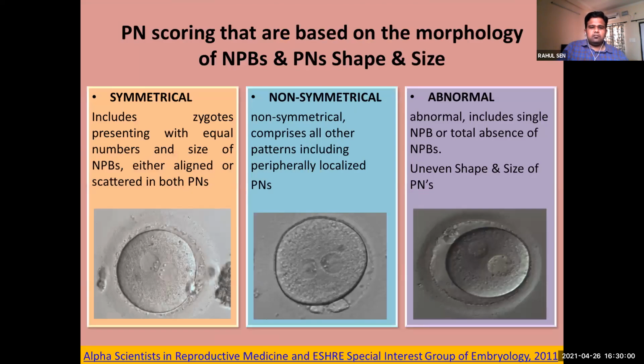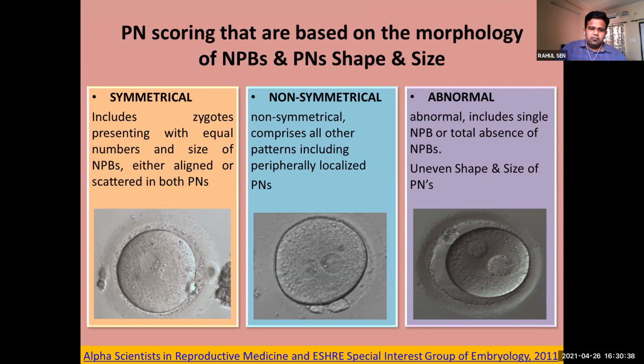The Istanbul Consensus gave a huge impact on embryo scoring as well as pronuclear scoring, which was based on the morphology of nucleolar precursor bodies and the shape and size of pronuclei. According to the Istanbul Consensus in 2011, they proposed pronuclear scoring in three categories: symmetrical, non-symmetrical, and abnormal. The symmetrical form of zygotes presents with an equal number of appropriately sized nucleolar precursor bodies, either aligned or scattered in the pronuclei.